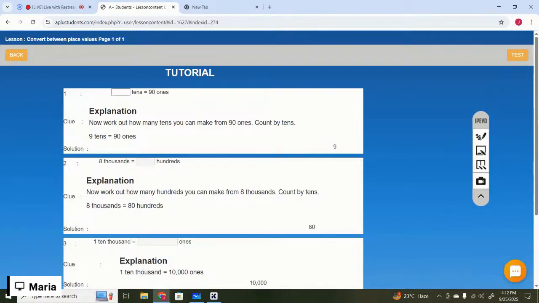Okay, 91 is equal to how many tens? 91 means 9 tens. Let's just start with the test questions.